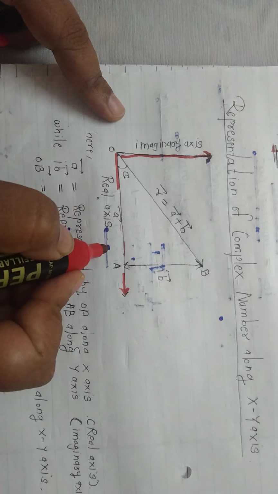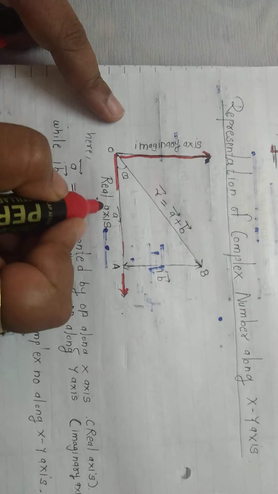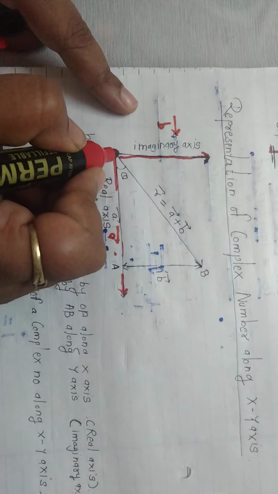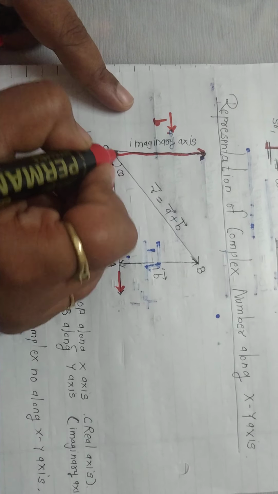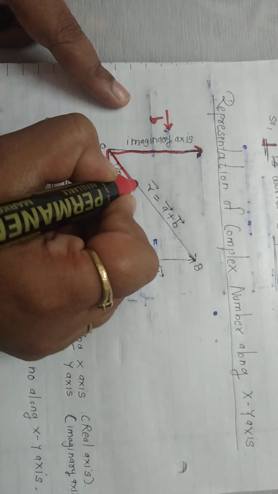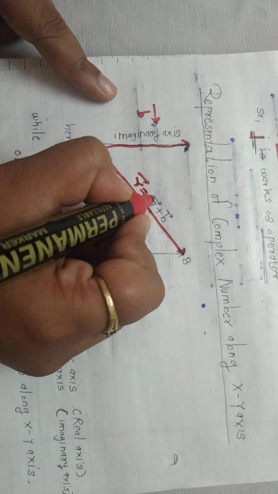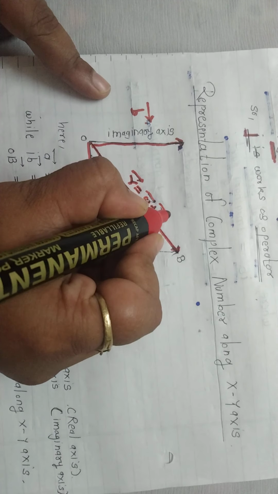On the x-axis or real axis, it is a bar, and on the y-axis it is b bar. So the resultant vector of these two is r bar is equal to a bar plus b bar.